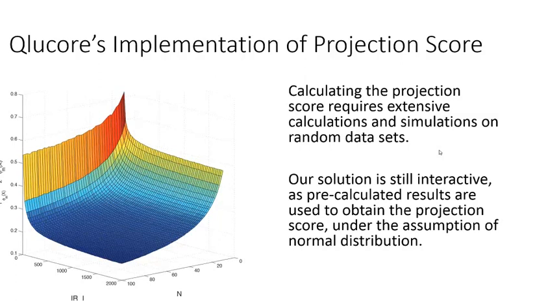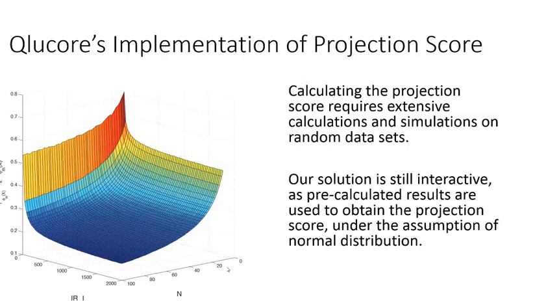In order to retain that feature in the program, we have decided to use a pre-calculated surface where, as you see in the plot here, we have dimensions for the samples and for the variables. We assume a normal distribution, and we pre-calculate these null distributions for a lot of combinations of sizes for samples and variables.